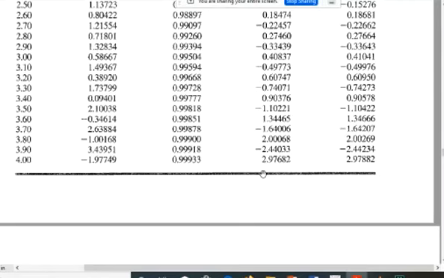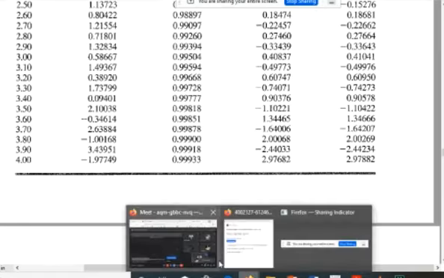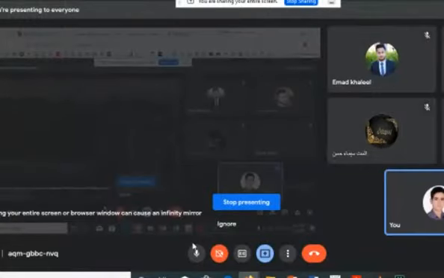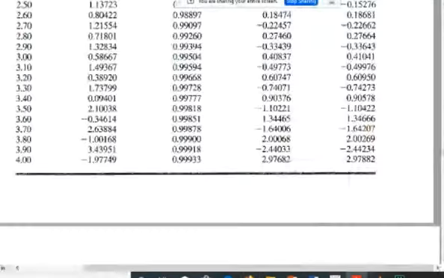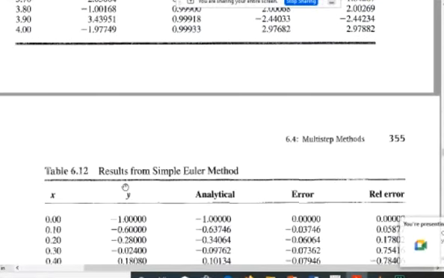And the reason for that is that we used an unstable method, and let me show that.